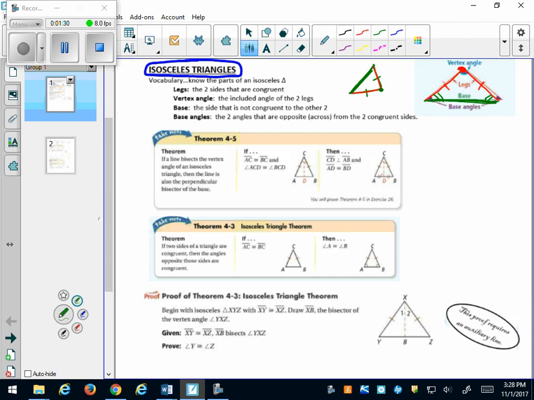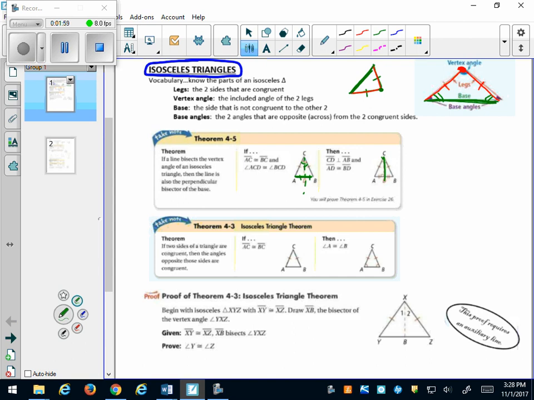Okay, if you have an isosceles triangle and you create a bisector of the vertex angle, so you're cutting that angle into two congruent angles, then automatically this bisector going through will be cutting the base in half, also bisecting the base.